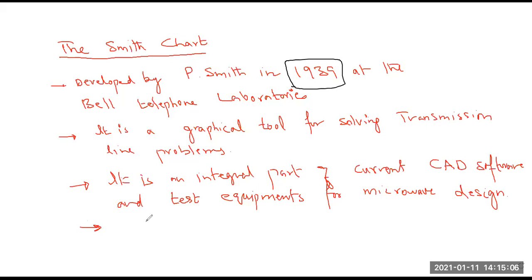And as a microwave engineer, what is the significance of this Smith chart?